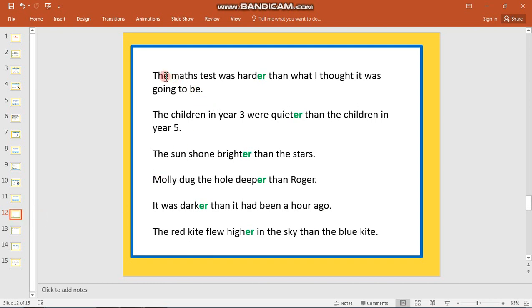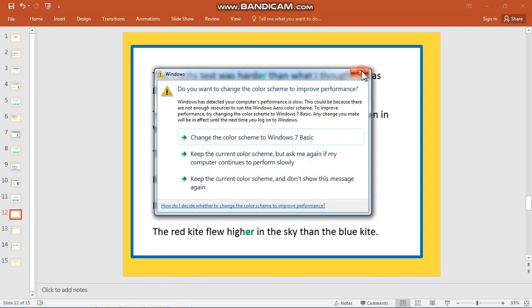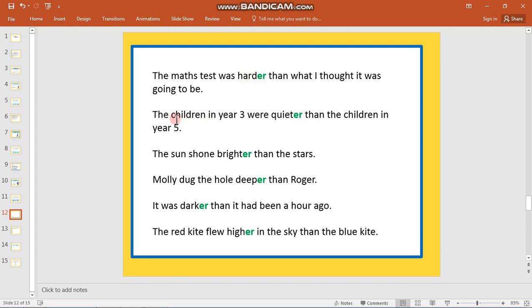Here are my examples. The maths test was harder than what I thought it was going to be. Hard becomes harder. The children in year 3 were quieter than the children in year 5. Quiet becomes quieter. The sun shone brighter than the stars. Bright becomes brighter.